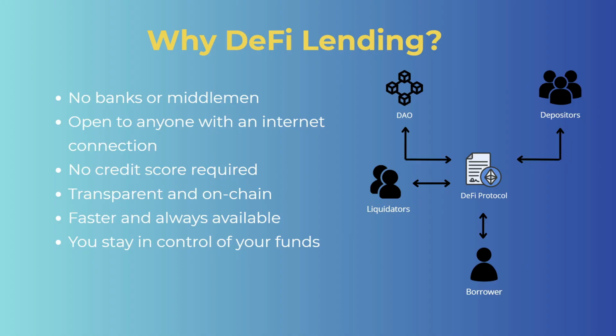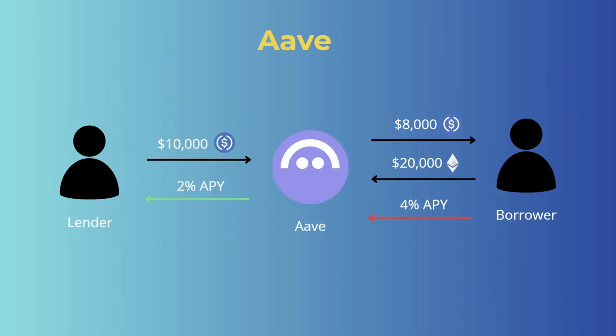It should be transparent and on-chain, and it should be faster and always reliable, because of course the bank takes a lot of time before giving you the money. And of course we want to be in control of our funds, because we can see each time where our funds are, while when we deposit into the banks we don't know what the bank is doing with our funds.